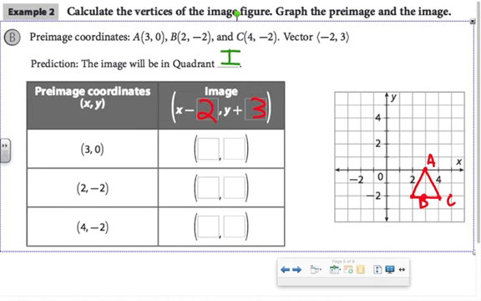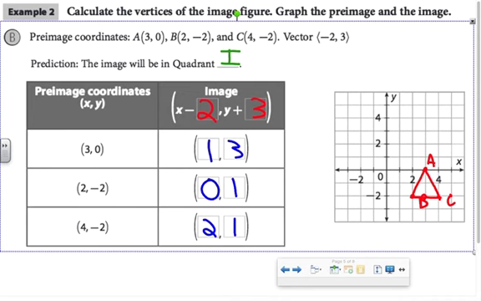So let's follow the rule. X minus 2 gives me that this is 1. Y plus 3 means that that's 3. Following the rule for 2, -2, I have 0, 1. And following the rule for 4, -2, 4 minus 2 is 2. -2 plus 3 is 1. And since all of my coordinates are positive, both x's and y's, I know that my image will be in quadrant 1.